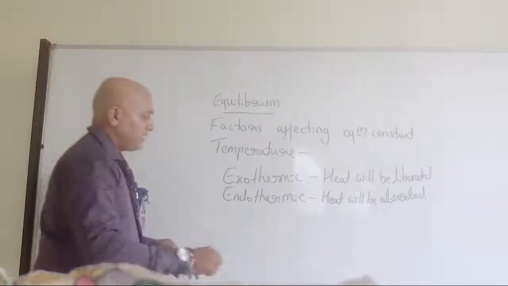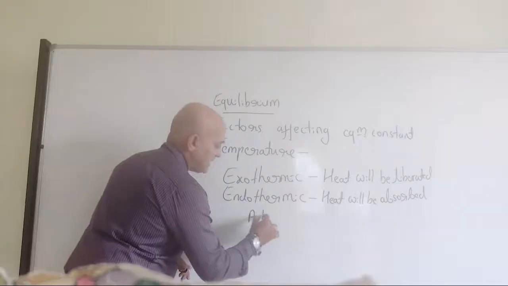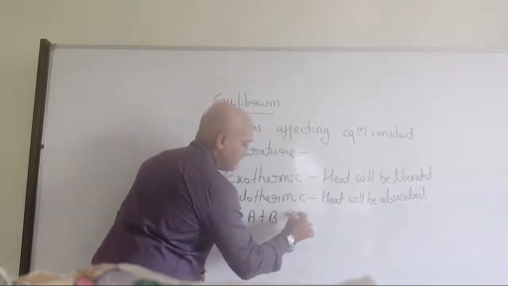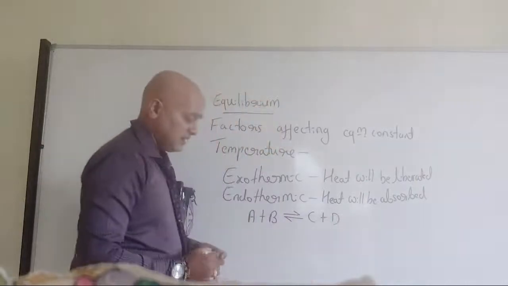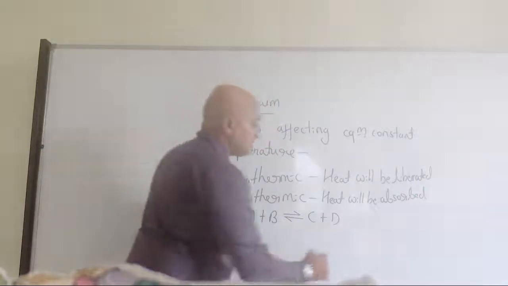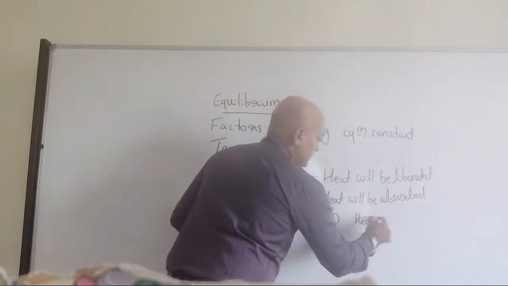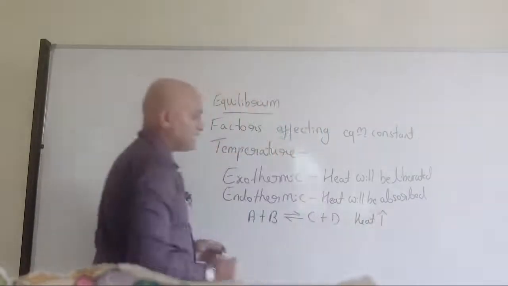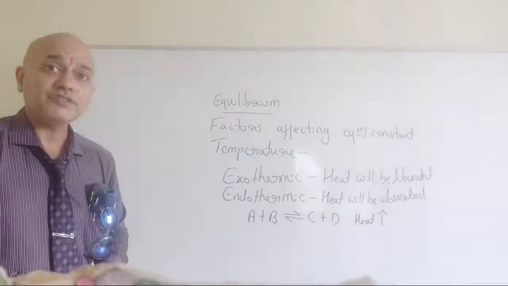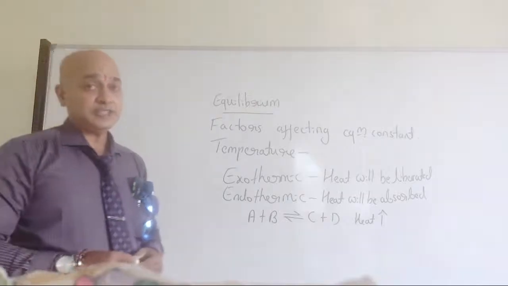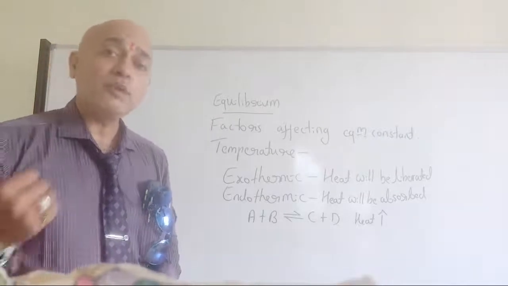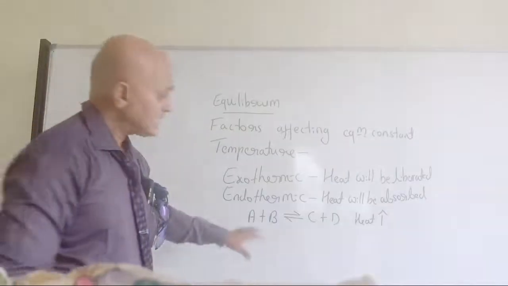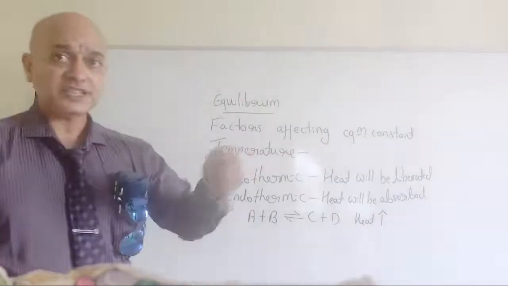For example, I have a reaction where A plus B is converted into C plus D, and we will imagine that there will be liberation of heat during the reaction. Now, if I provide heat from outside, imagine the reaction is taking place in a test tube.